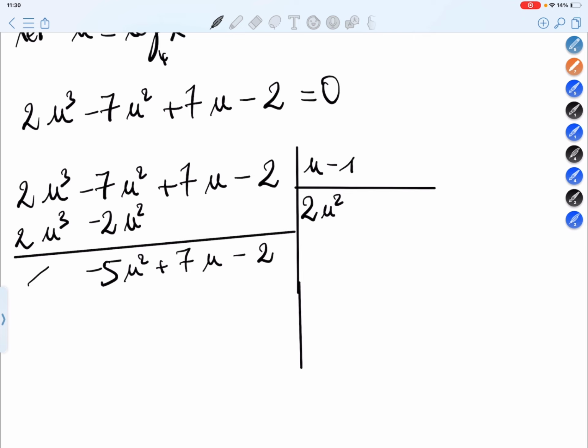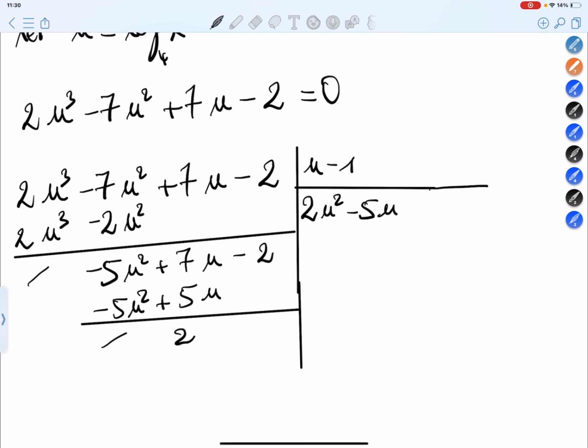Now minus 5u squared divided by u would give us minus 5u. So minus 5u times u is minus 5u squared. Then minus 5u times minus 1 is plus 5u. If we subtract, this would disappear. 7 minus 5 is 2u here, then minus 2.